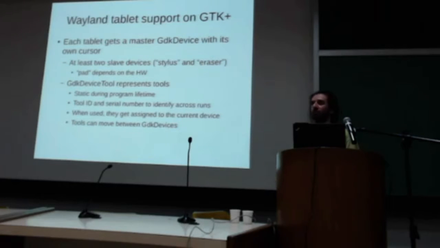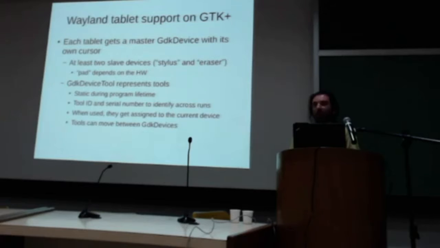You can use it during the application lifetime to attach some settings to it. And of course, the tool ID and the serial number can be used to identify that same device across runs, as in you can configure in GIMP the pressure curve and whatnot, and they can actually stay for that single stylus across runs. You start GIMP again, and it works.